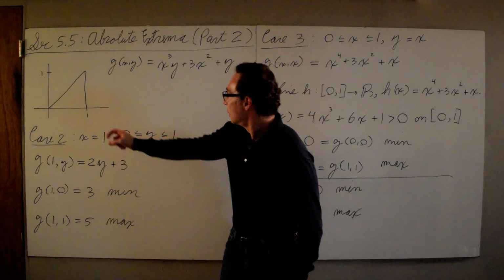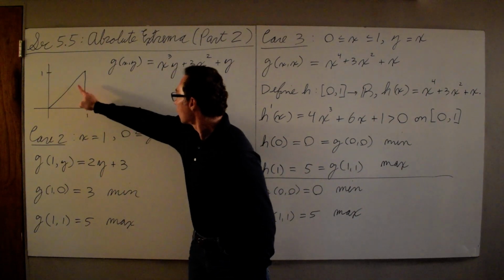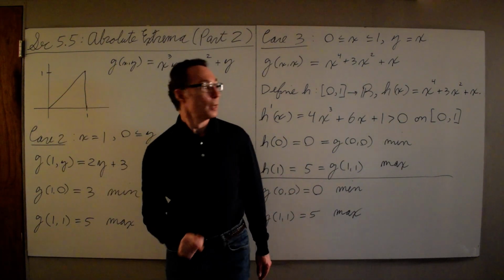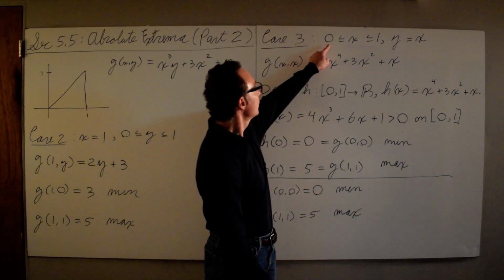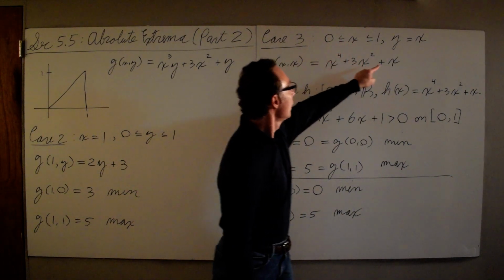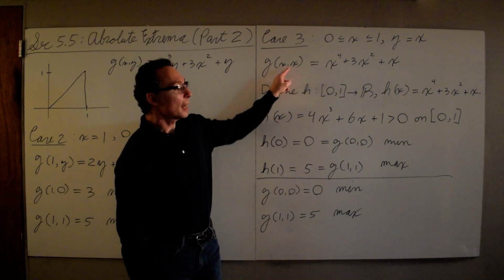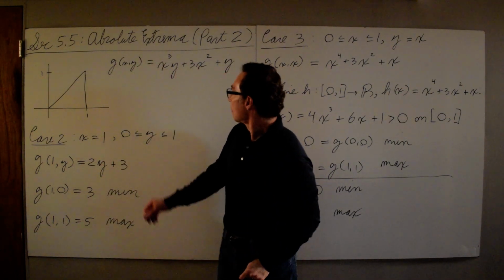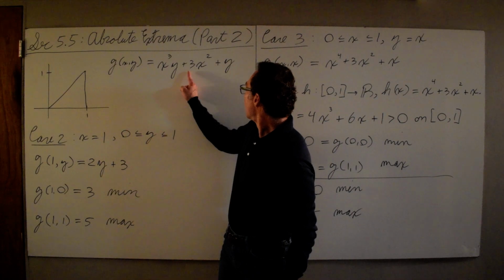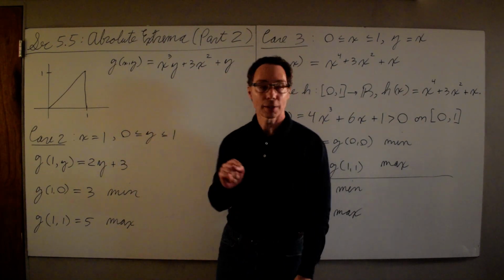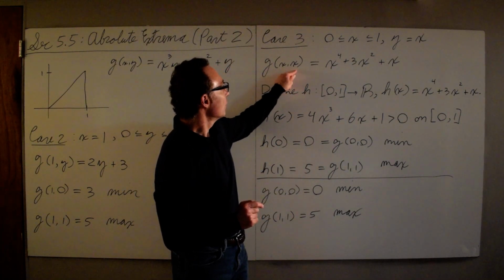Case 3, we're going to look at the slanted line, y equals x. So in this case, x ranges from 0 to 1, and y is equal to x. So we're going to look at g of (x,x), which is x to the 4th plus 3x squared plus x.